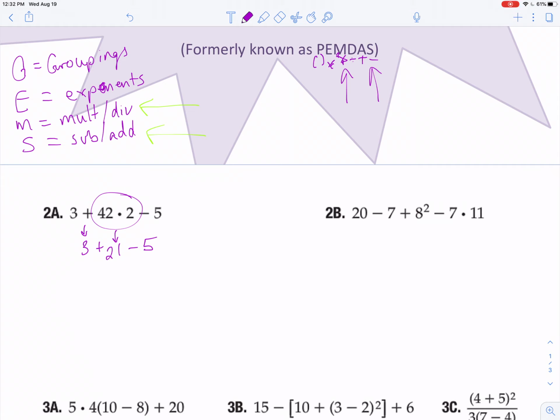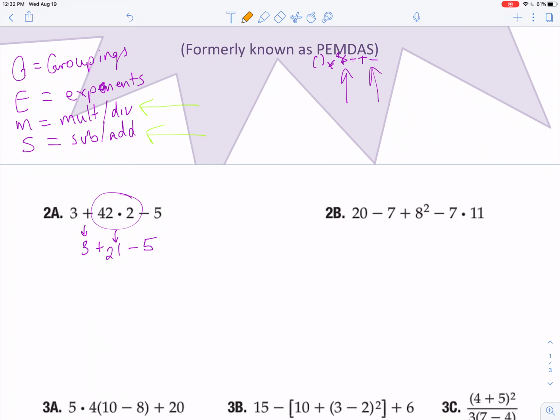3 plus 21 minus 5. Next I don't see any more multiplication or division. So next I will try the S, which stands for subtraction or addition. And I do see this 3 plus and that minus right there.